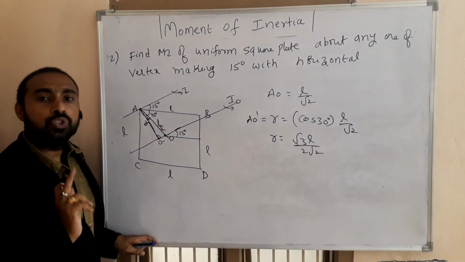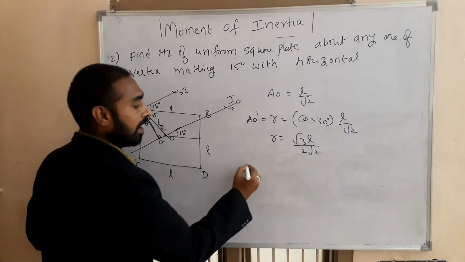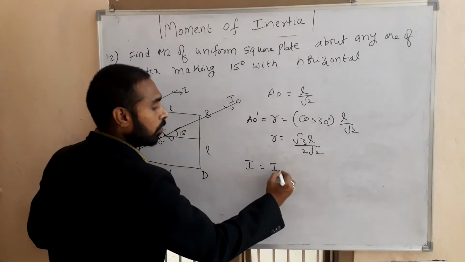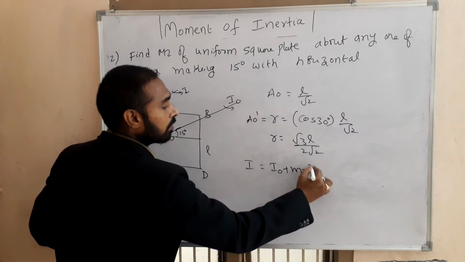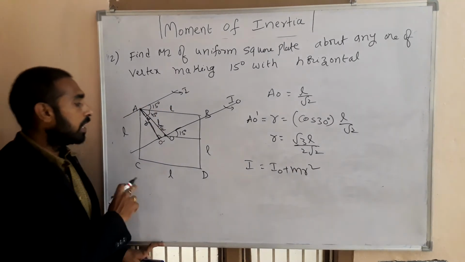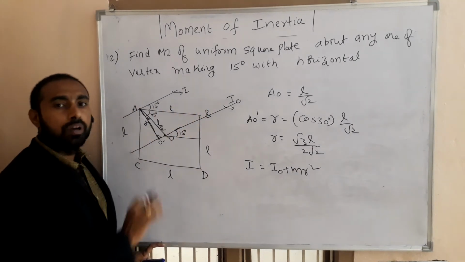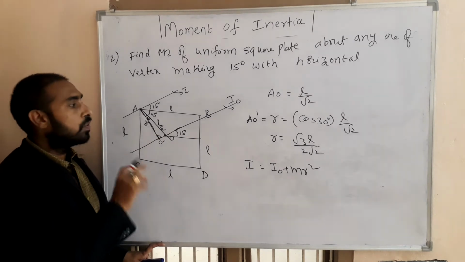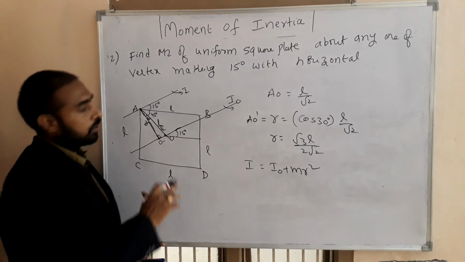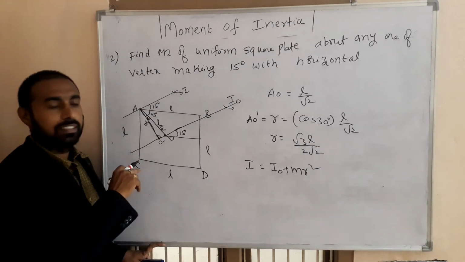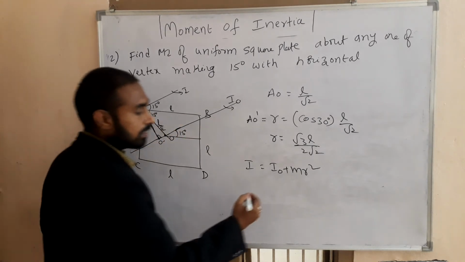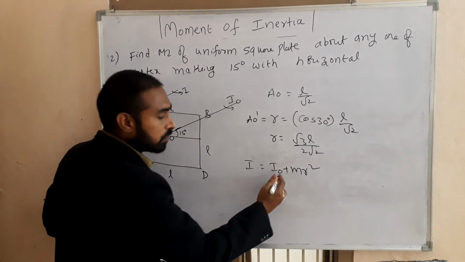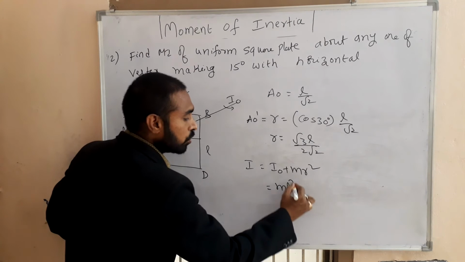Now we need to use the parallel axis theorem. So by using the parallel axis theorem, I will write I equal to I naught plus m r square. Okay. So what is the moment of inertia of the uniform square plate passing through the center? Okay, passing through any one of the diagonals, that is I naught. Its value is m L square by 12.